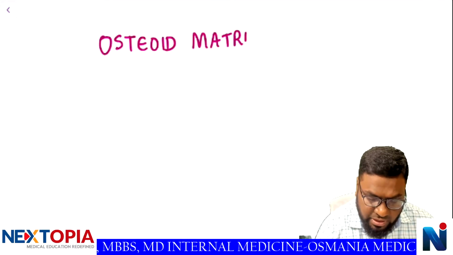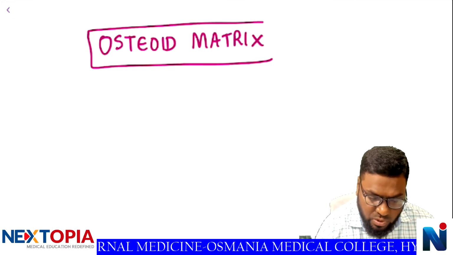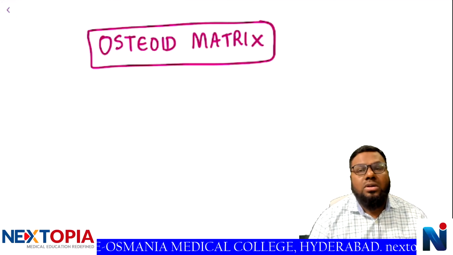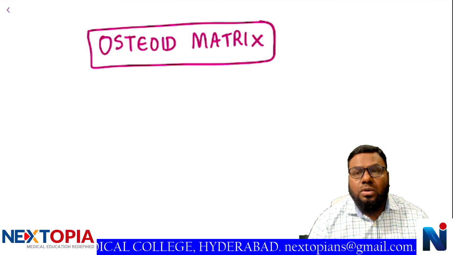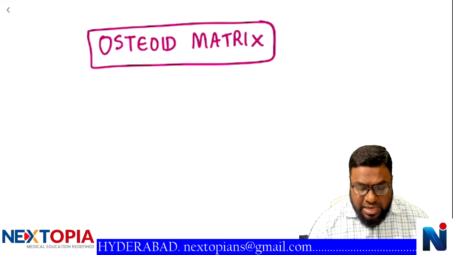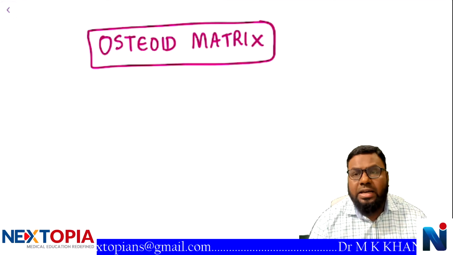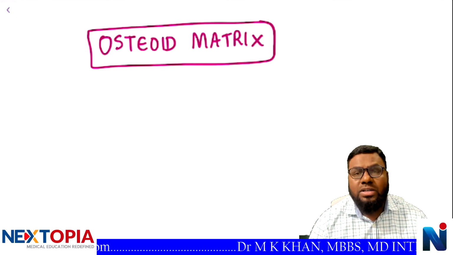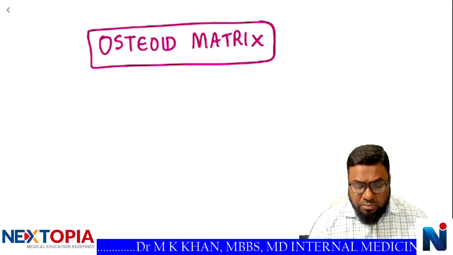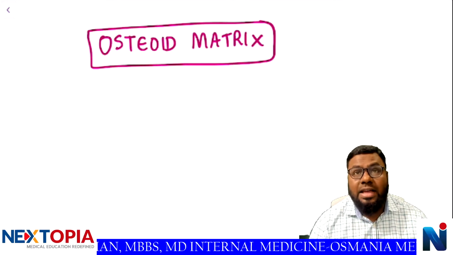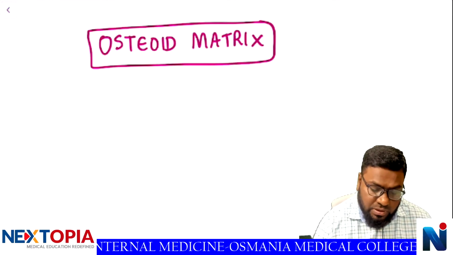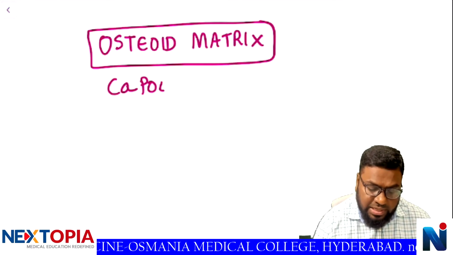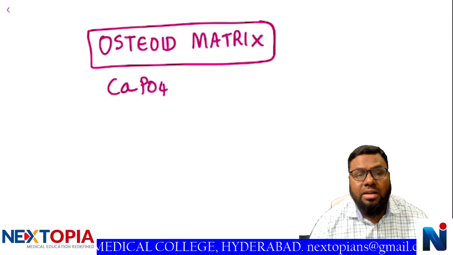Bone matrix, we call it osteoid matrix. Now, the calcium and phosphate which are stored here, the storage exactly depends on the product of their concentration rather than individual. That is, calcium and phosphate together they are stored. They are not stored individually.